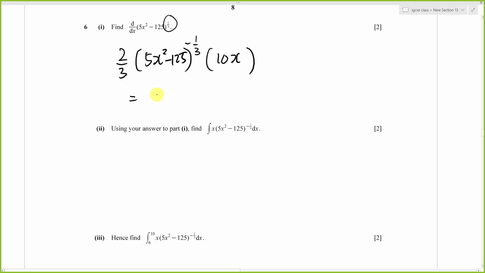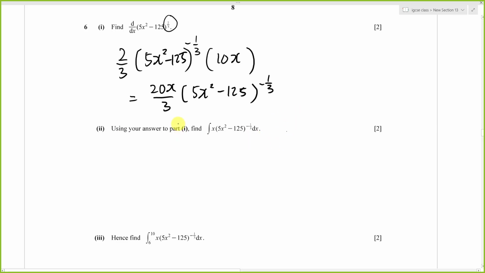I just multiply by 10x, so it becomes 20x over 3, bracket 5x squared minus 125, to the power of negative 1 over 3. Okay, this one should be my final answer. I don't think you need to change it into the cube root form. So I think that should be fine.